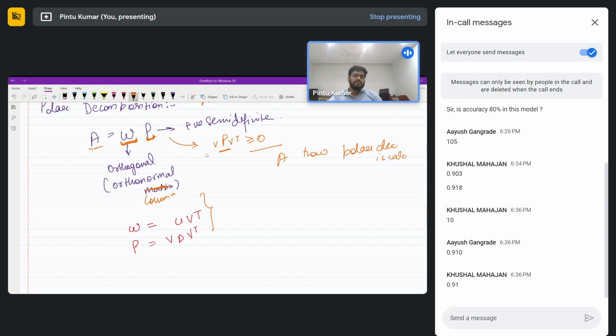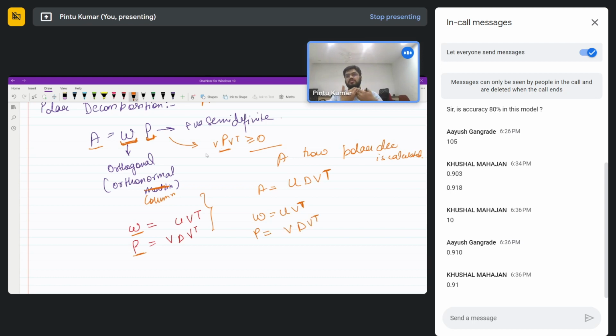Okay, so let's say you have a matrix A and you find its singular value decomposition, which is given by U D V transpose. Then you can obtain your matrix W by U times V transpose, and you can obtain your matrix P by the formula V D V transpose.